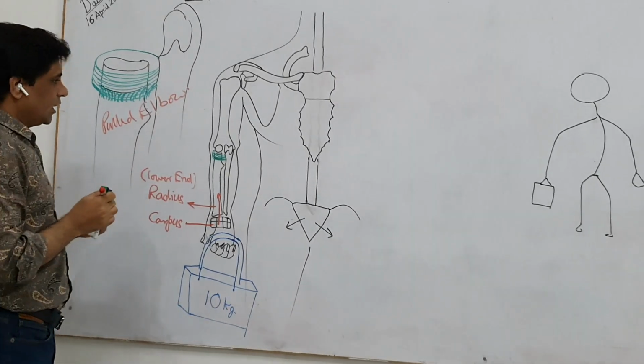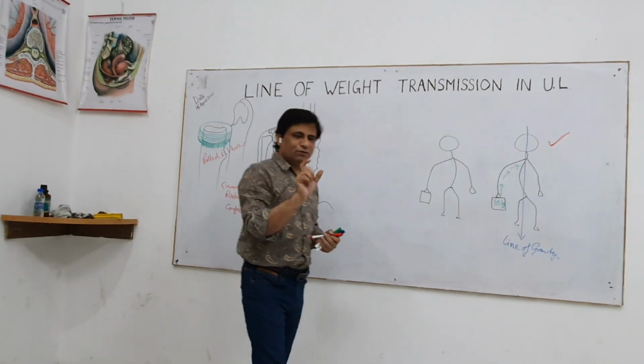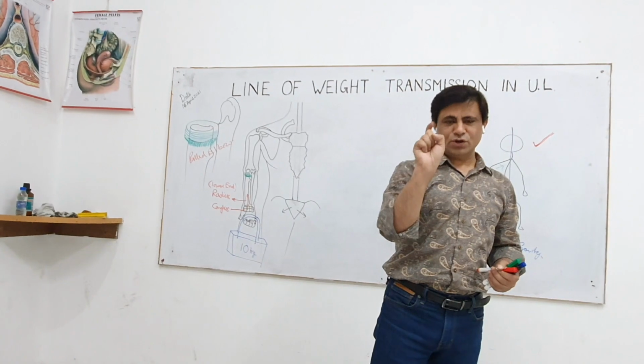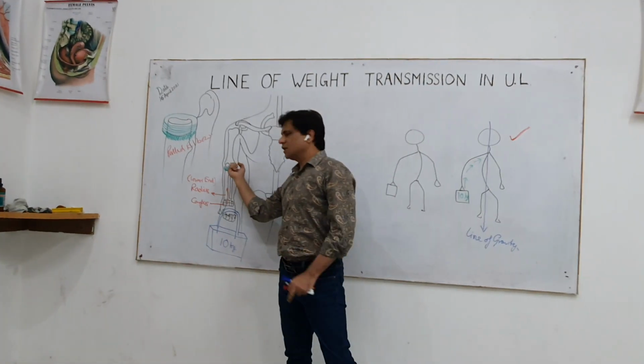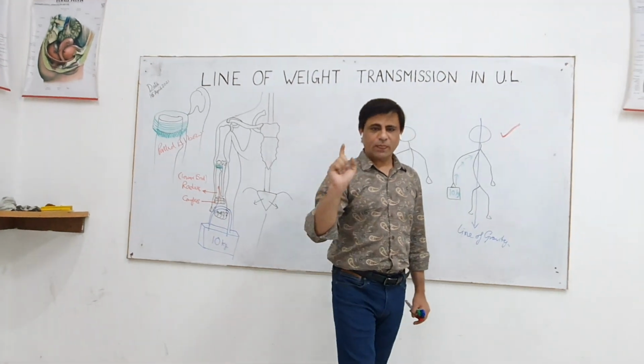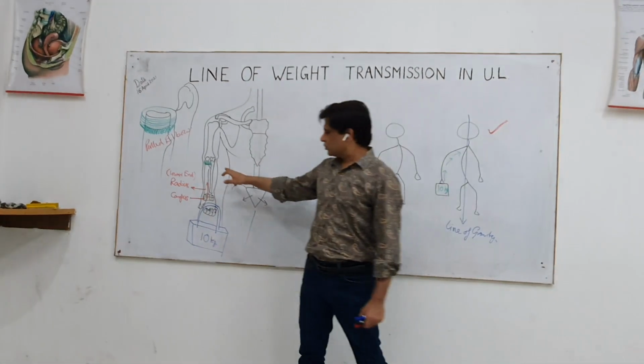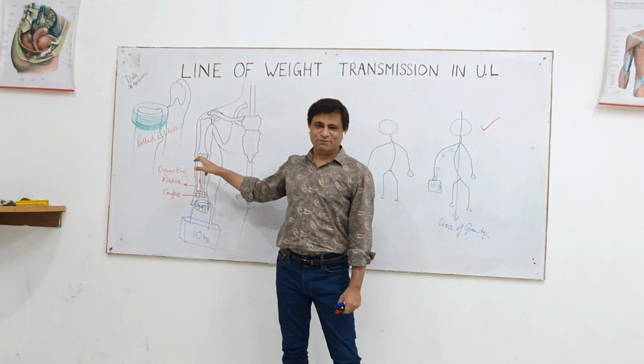Now have you seen that the upper end of the ulna has a notch? That notch is called the trochlear notch, which fits in with the trochlea of the humerus. And remember that this trochlea had a medial and a lateral flange.